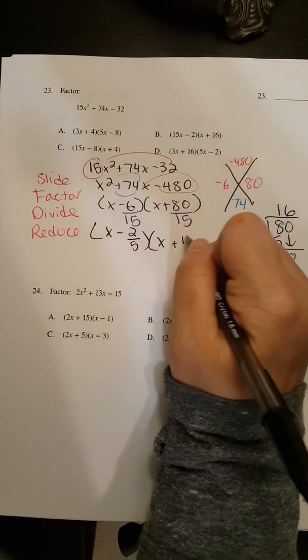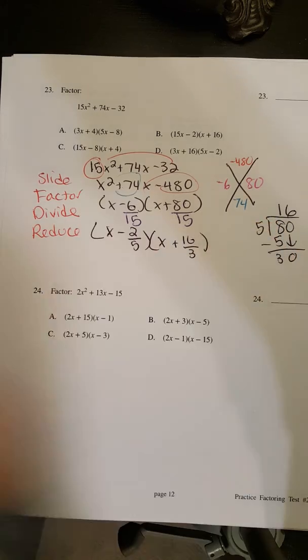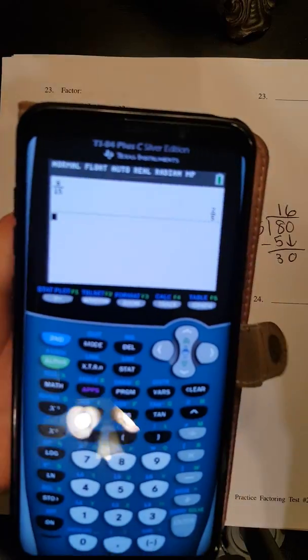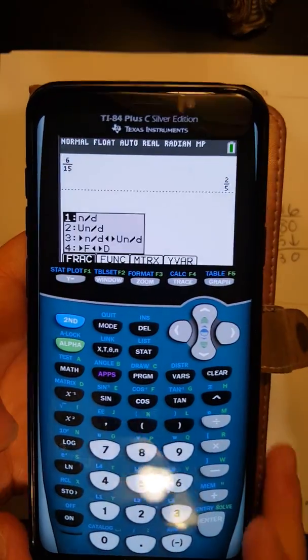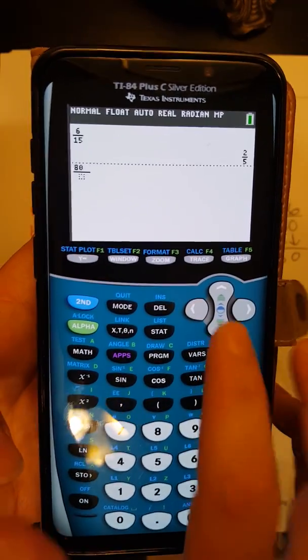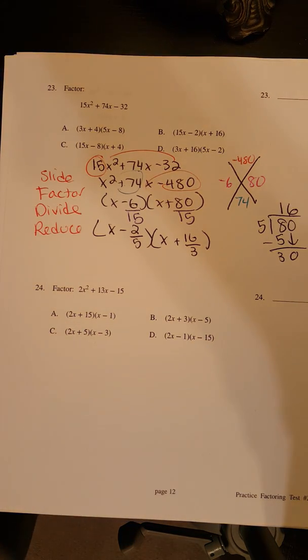And then 5 goes into 15, 3. And again, we could check it with the calculator. Alpha y equals, and our fraction was 80 over 15. And that gives us 16 over 3, which is the same thing that we got.